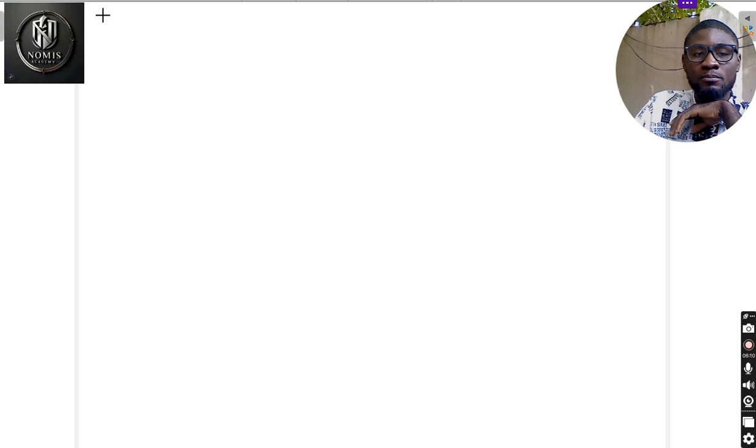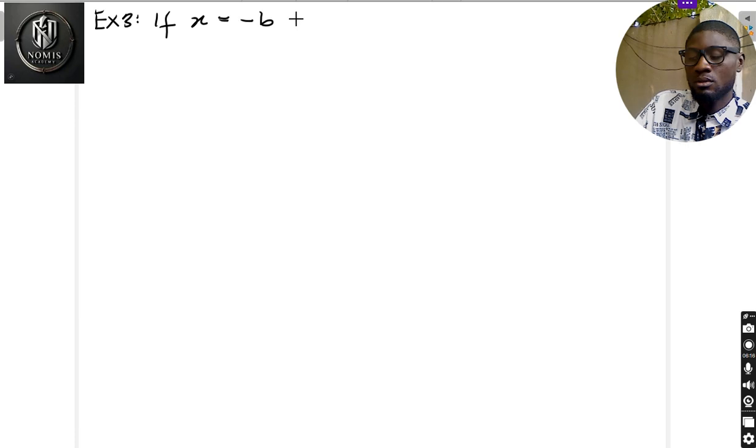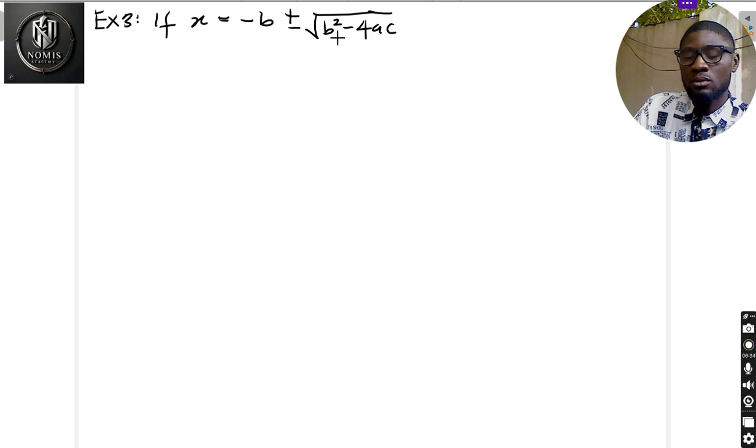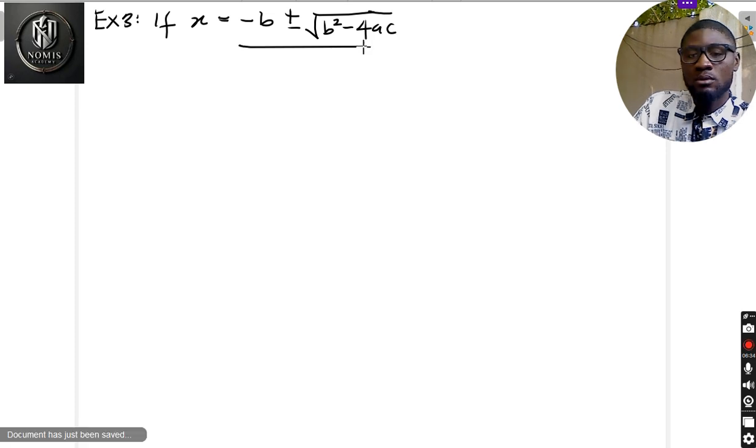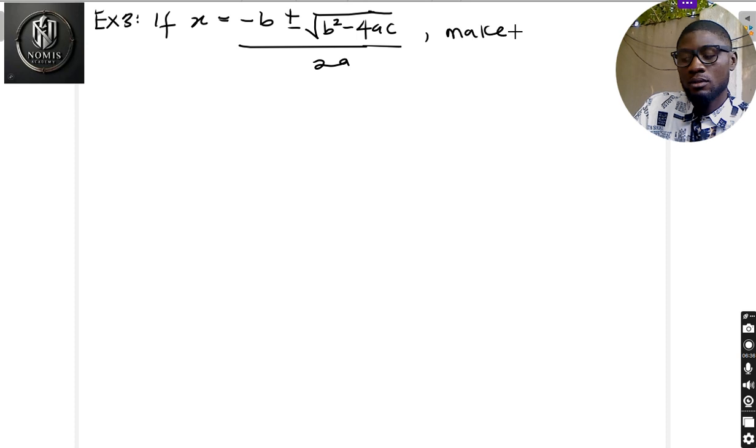Example number 3 says if x is equal to minus b plus or minus the square root of b squared minus 4ac, all over 2a, make c the subject of the formula.